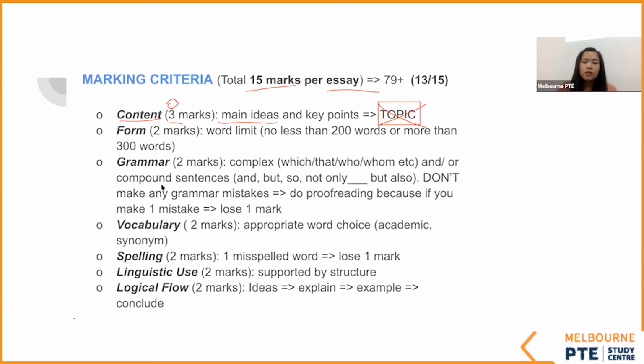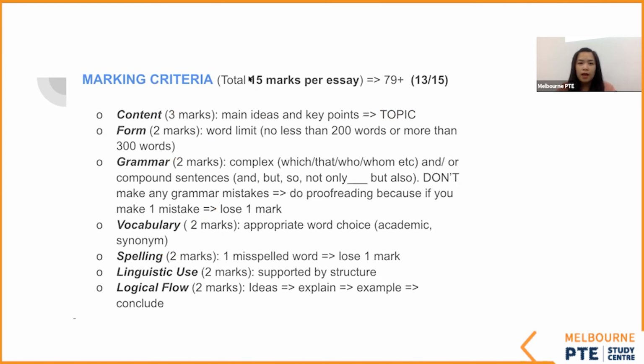For the computer, there is no mercy when it's marking. If you have 0 for content, it doesn't matter. You have good vocab, you have good grammar, you have good spelling, but your idea is off track. It doesn't relate to the topic. You will end up with 0 for the whole essay. Okay, so that's what I want you to understand.